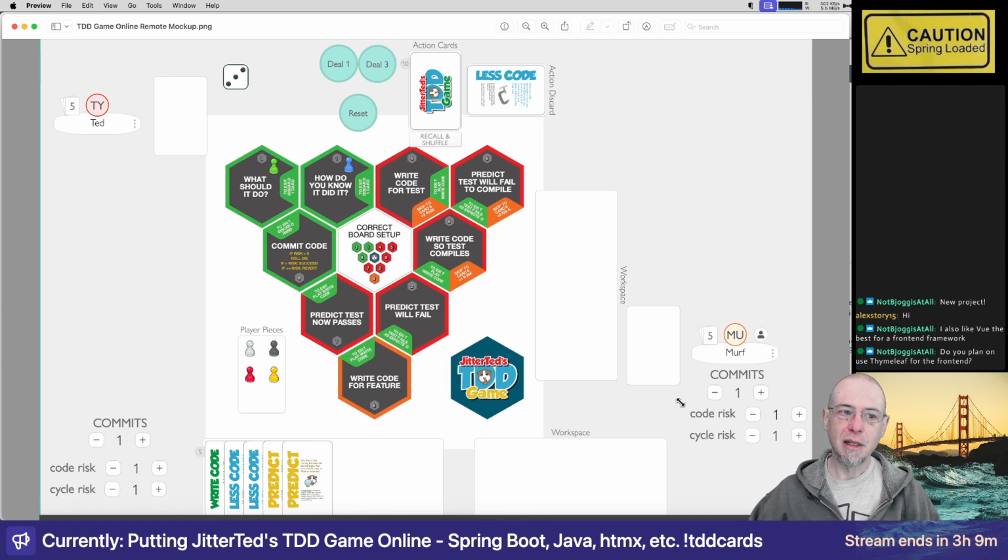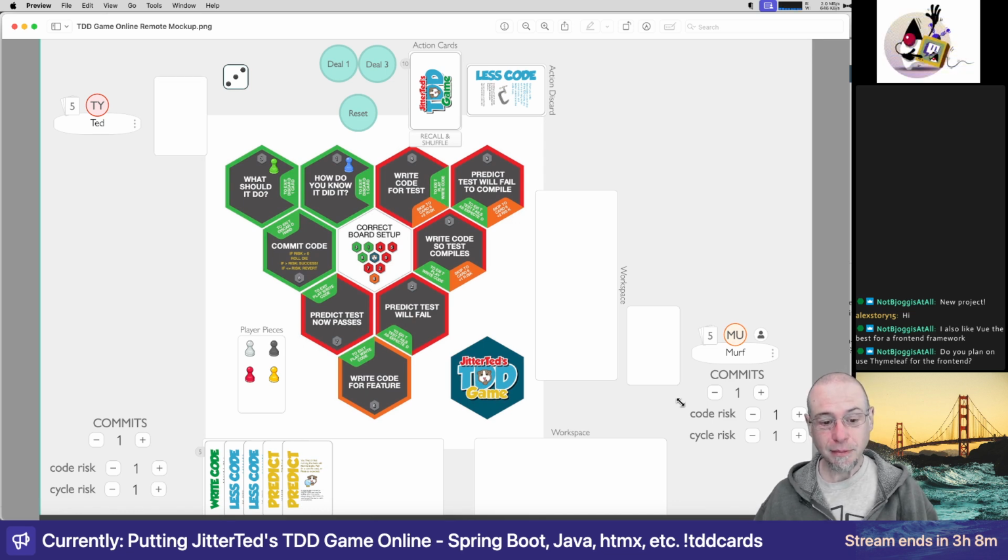Tabletop Simulator just seemed like it was going to be a lot more work than I wanted. Plus, to be quite honest, this is not going to be free. So if you want to buy my physical game, it's $100 or so. And if you want to play the online version, there's going to be something, right?